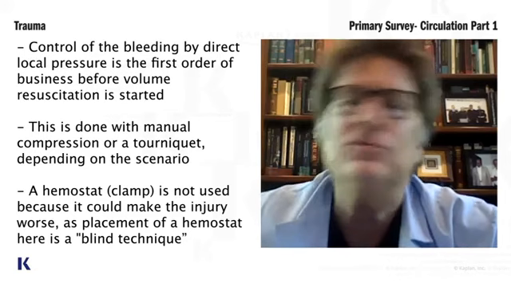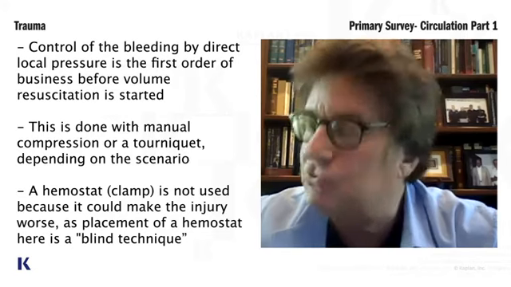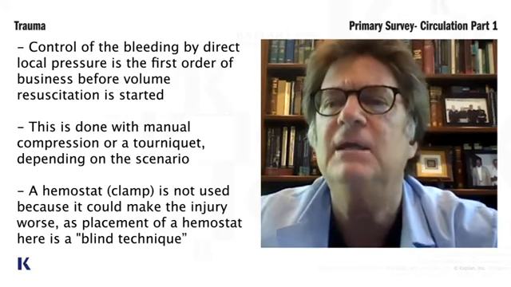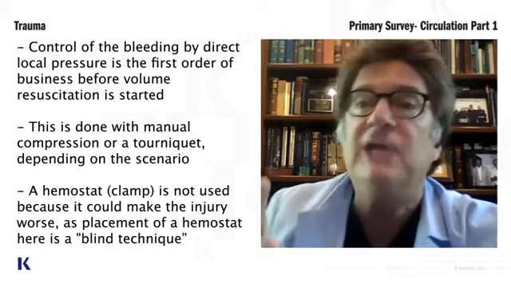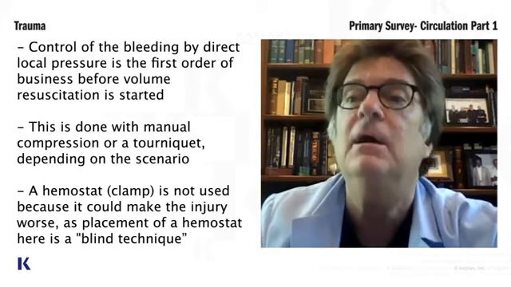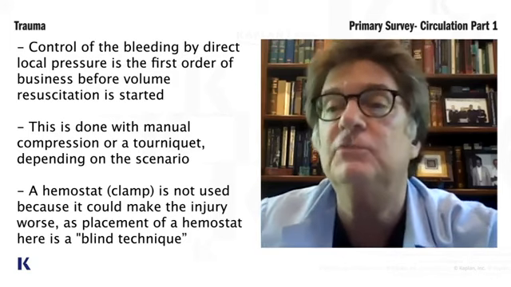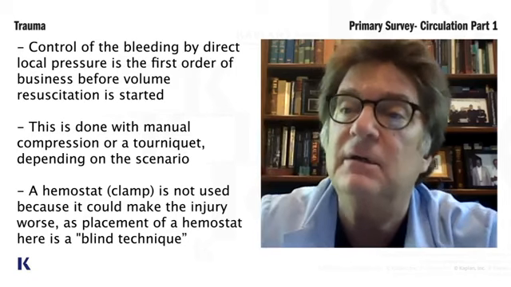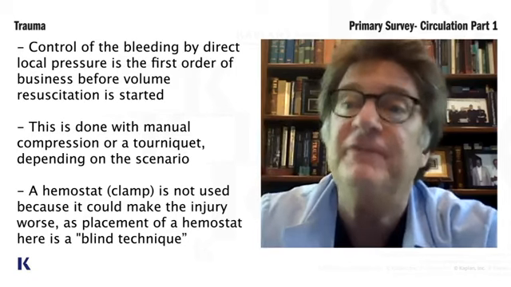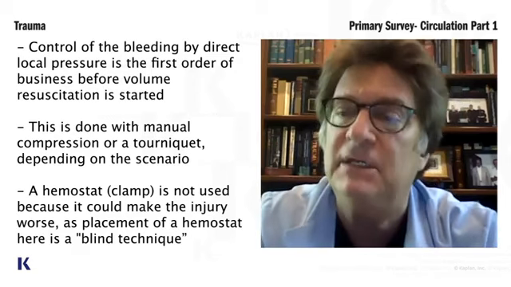The danger of using an instrument in a situation like that is that you're blind. You're going through tons of blood, and you could actually make the hole bigger. So what you do is you put your finger on it. You put your finger on the bleeding to stop the bleeding.